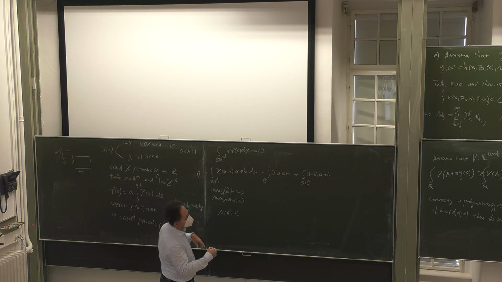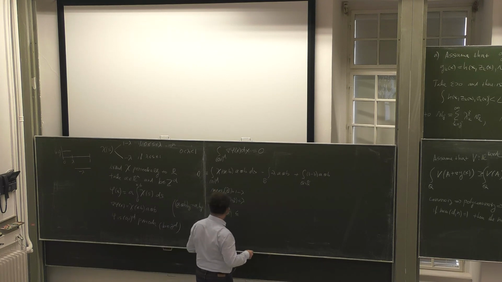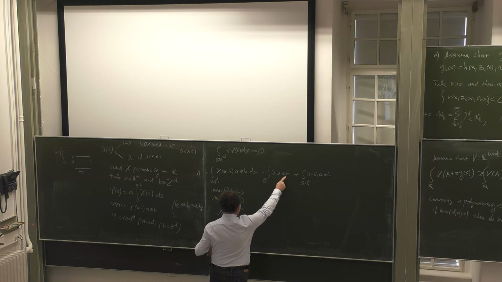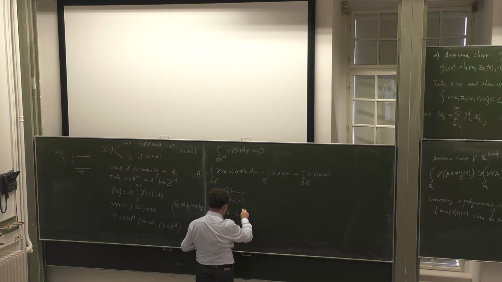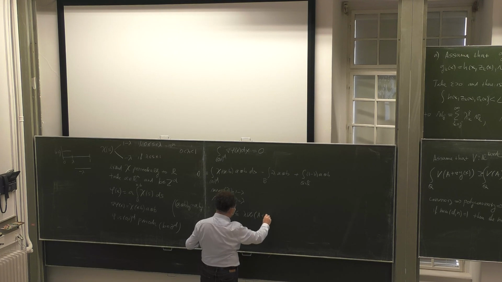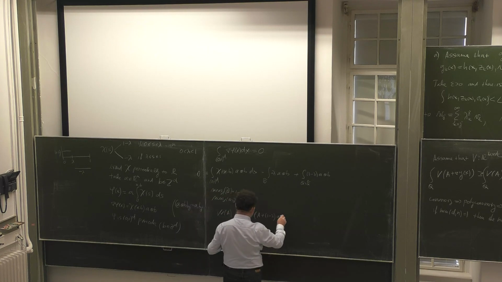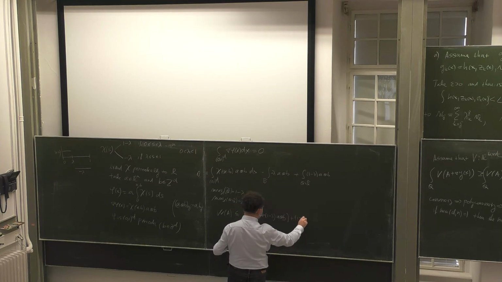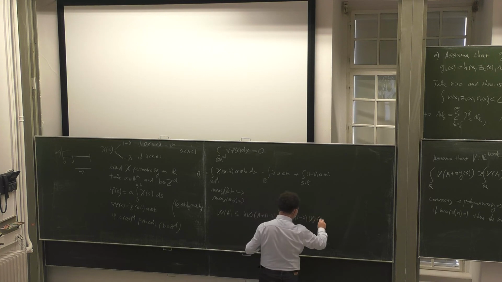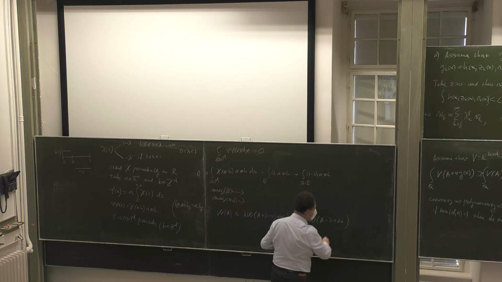Now you have this piecewise constant gradient, so it's a portion when the gradient is lambda times this, which gives lambda times W(A plus (1 minus lambda) a ⊗ b), plus (1 minus lambda) W(A minus lambda a ⊗ b).